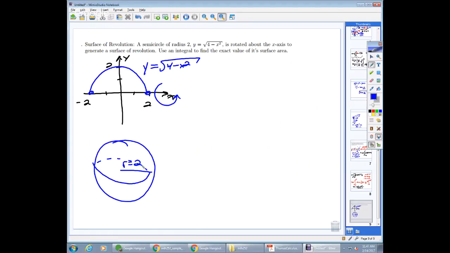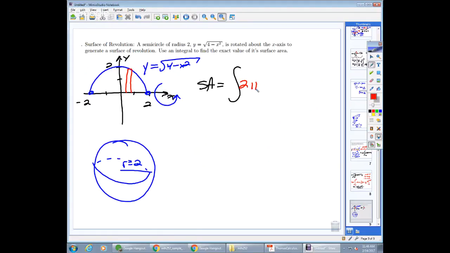The formula for such a thing is equal to the integral. Now, since we're rotating stuff, imagine this thing is being rotated right there, we're going to end up with these circular disks. We're only interested in the edge.